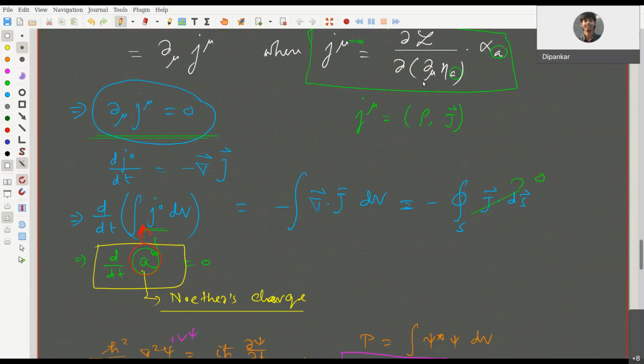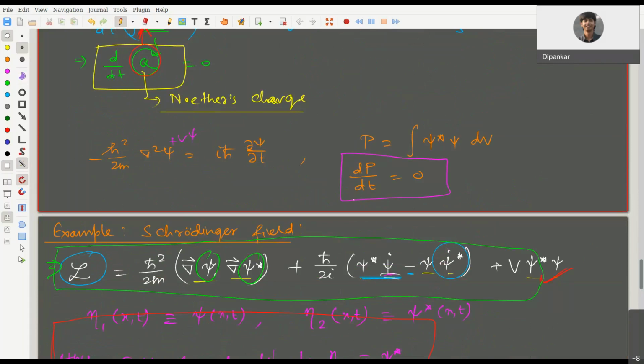So if the surface is at infinity and none of your sources are present at infinity, then that is 0. This is the standard equation of continuity. You open up any textbook and check the part where it discusses the equation of continuity. In fact, when you try to prove dP/dt equals 0 in quantum mechanics, you also use this fact. You say that psi star psi falls off very quickly, so that the probability current density at infinity is 0.